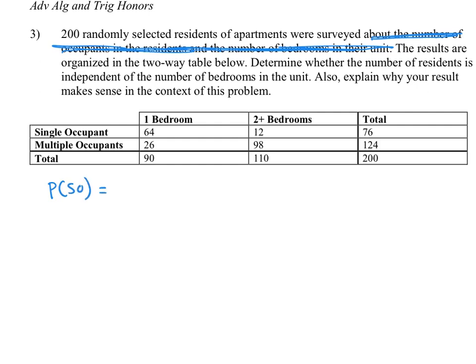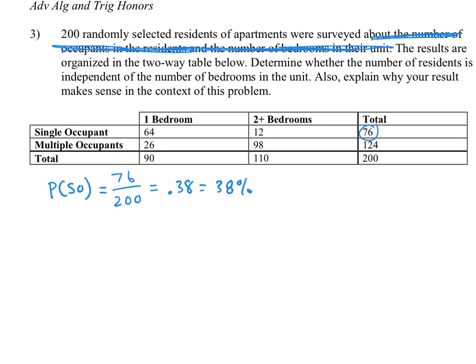The probability that an apartment has a single occupant: let's find out how many apartments have single occupants, 76, out of how many in total, 200. So that's a 38% probability if you plug that into a calculator.